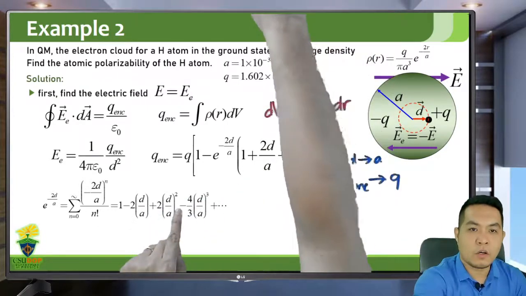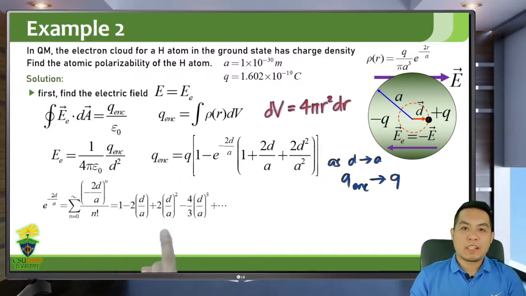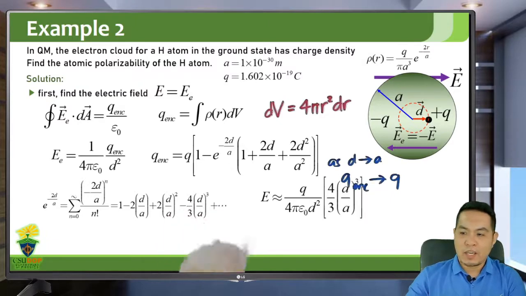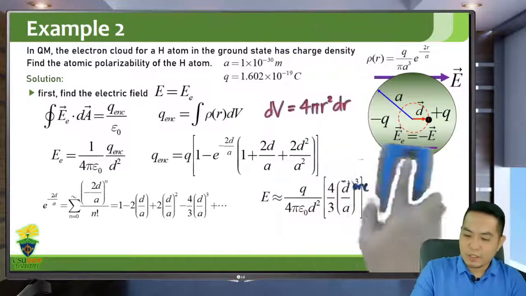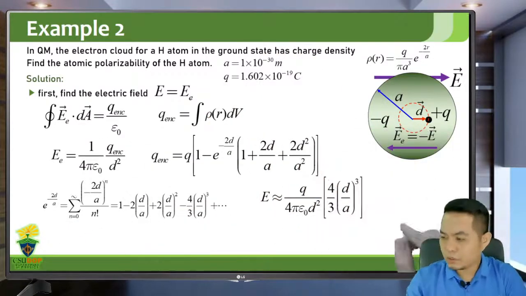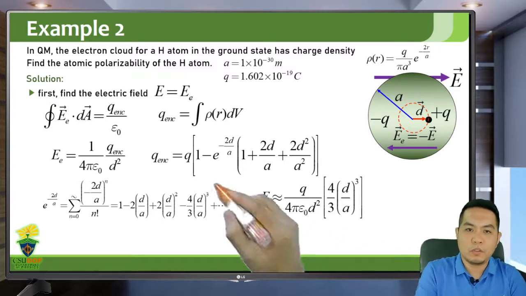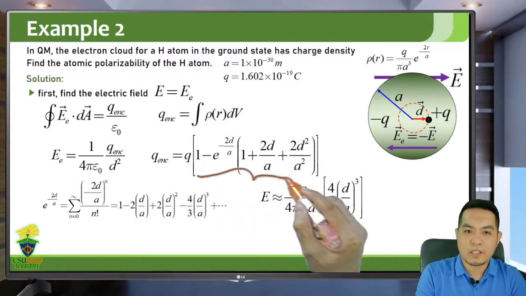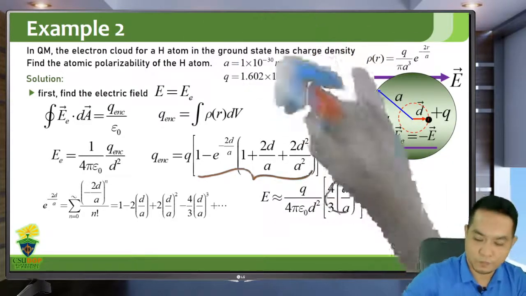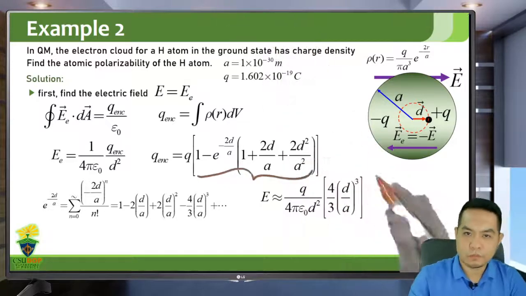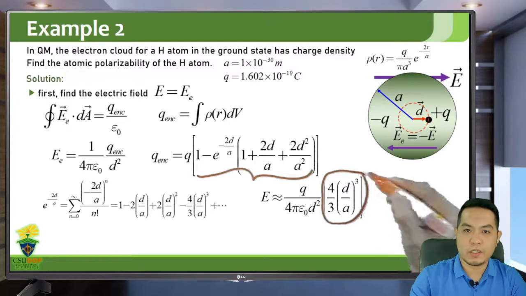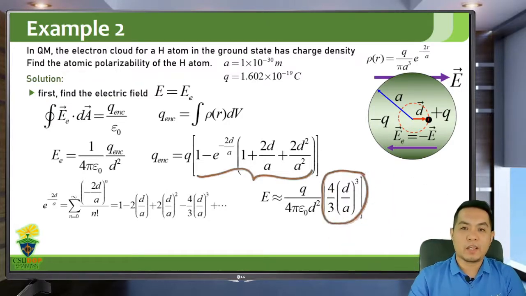Okay, so we plug this expansion back in and then simplify, and you will notice that the whole term in the parenthesis will actually be just this one, 4/3 d cubed over a cubed.